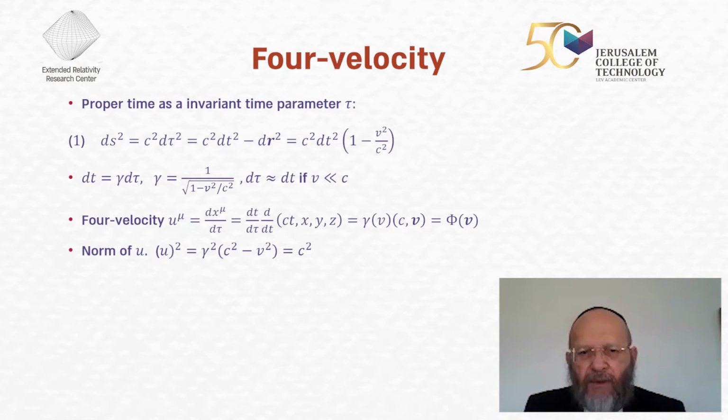Now we can take c square outside, and gamma square is exactly the inverse of the expression you get here, 1 minus v square over c square, which cancels with the gamma square, and you're left with c square. So all four-velocities have the same norm, c. The four-velocity itself has the norm c.